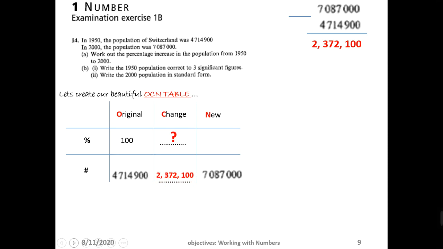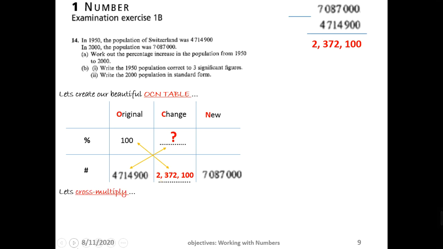And this is my unknown that is asked for in the question. They asked to work out the percentage increase in the population, and accordingly we are going to work with the first and the second column because I have basically one unknown. The 100 is known, the 4 million is known, the question mark is my unknown, and the 2 million is known. Now let's cross multiply.